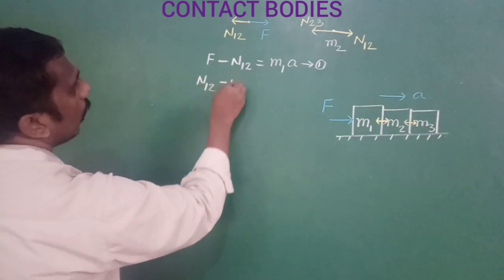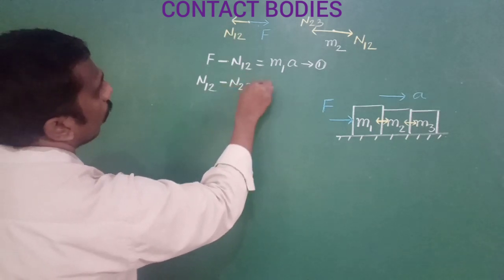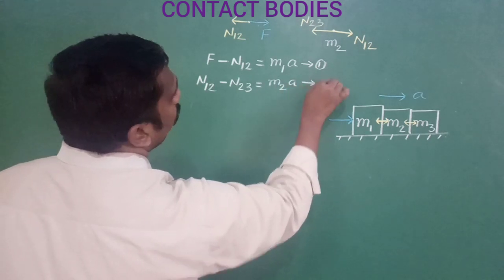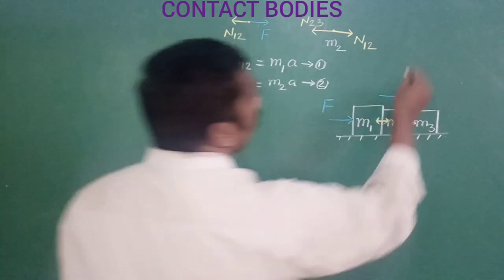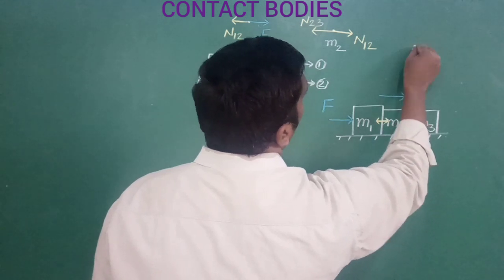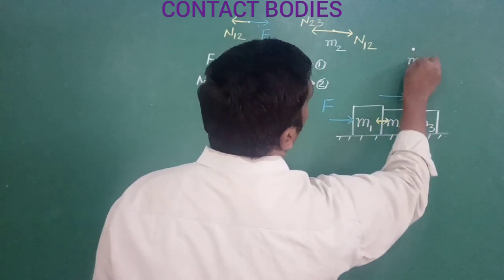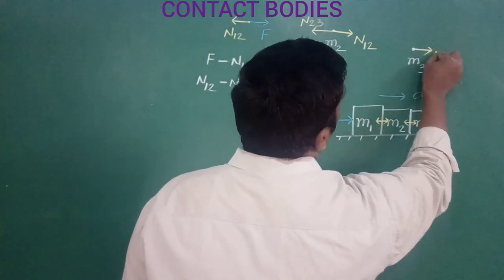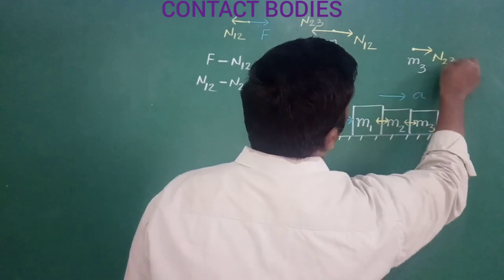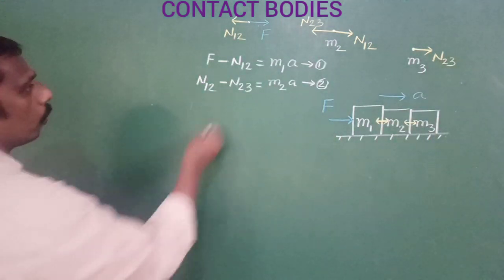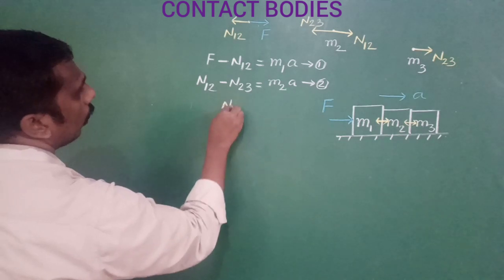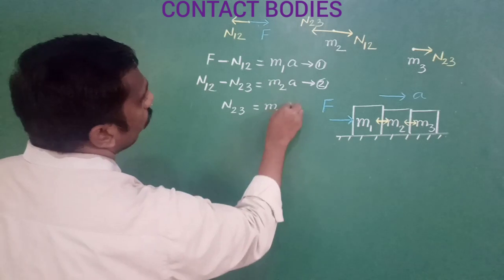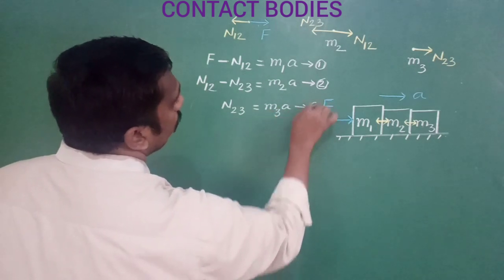N12 minus N23 is equal to M2 into A. Say this is equation 2. Similarly for M3, on M3 only one force is acting, towards right. That is normal reaction between block 2 and 3, N23, acting in this direction. N23 is equal to M3 into A. Say this is equation number 3.